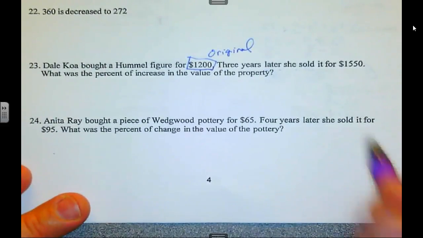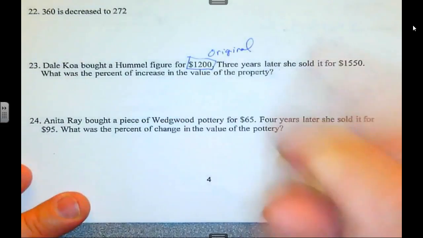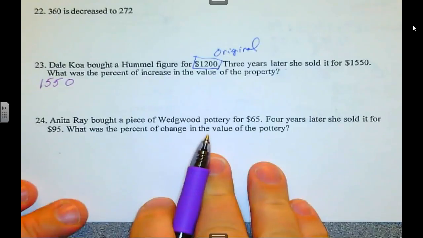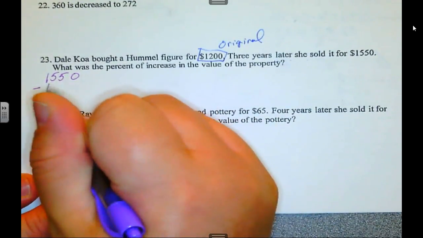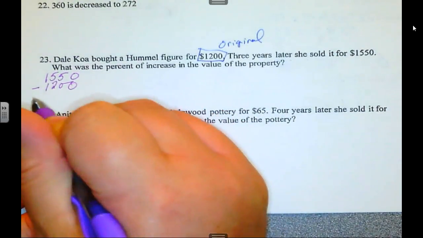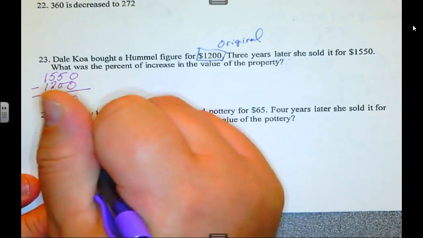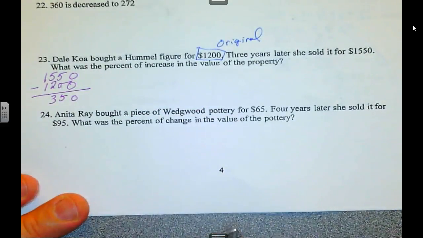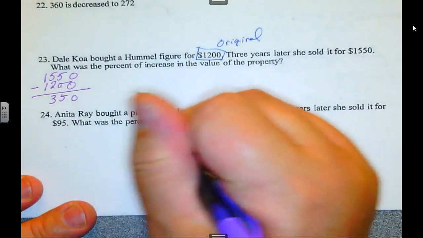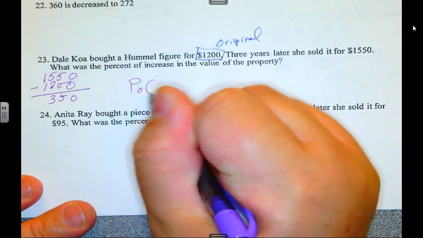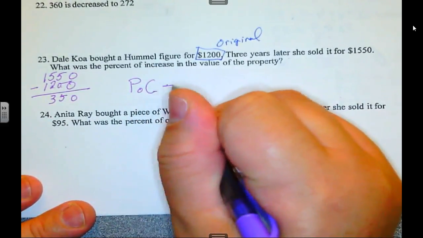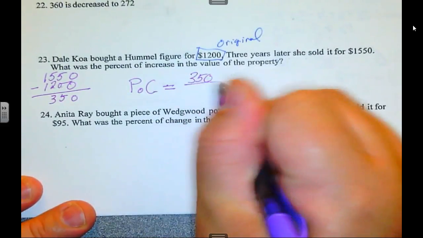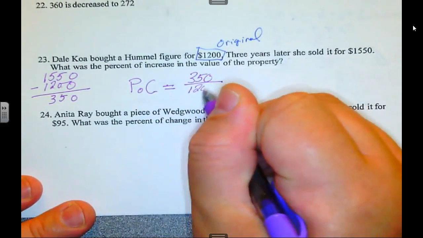So I need the difference between $1,550 and $1,200, right? $350. So the percent of change equals the difference, 350, divided by the original, 1,200.